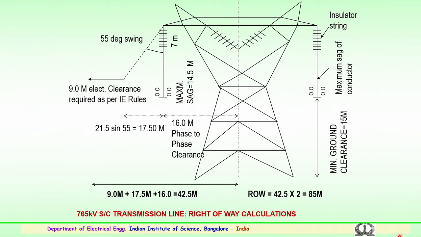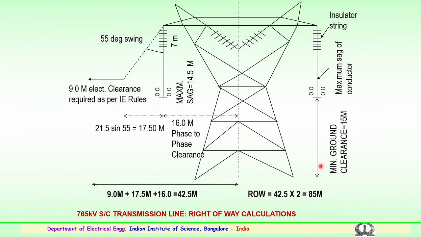So, this gives a brief explanation for the 765 kV tower which is being considered, how the right of way is calculated or estimated. You can consider this is a 765 kV tower, a typical tower which is being used for the transmission system.